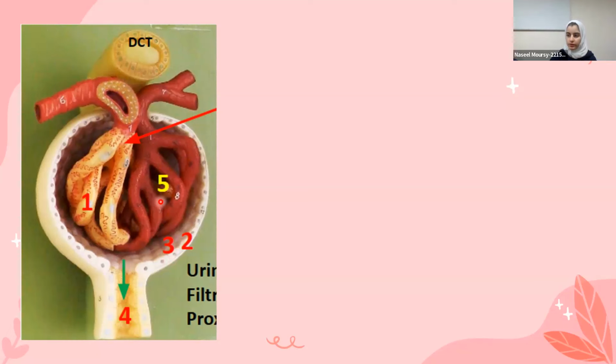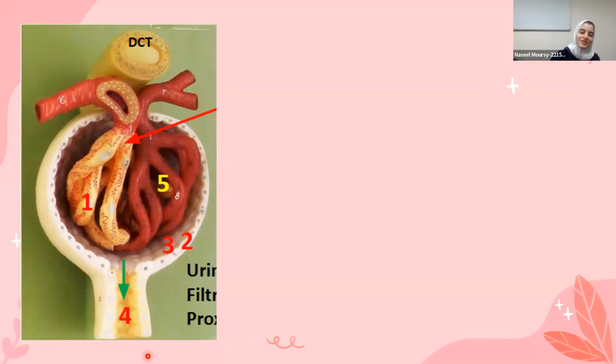Okay, great. Then we have number 4, which is the easy one. What is this supposed to be? We went from the glomerulus to the next part of the nephron. Don't say PCT. You have to spell it out. Okay, fine.